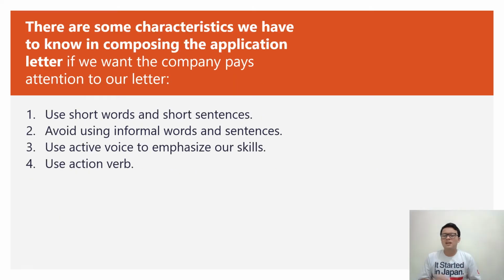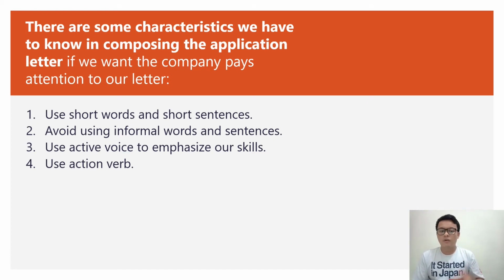And there are some characteristics to make the application letter more charming to read. Number one, use short words and short sentences. Do not go around the bush. Talk in brief, in concise, and be detailed, right?